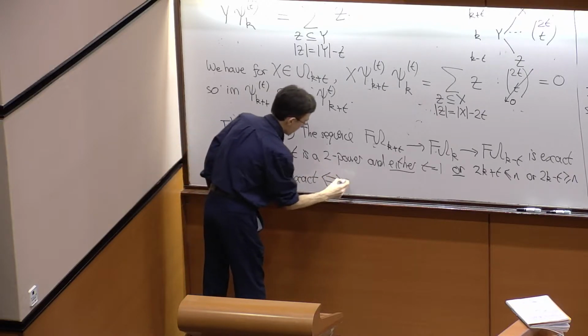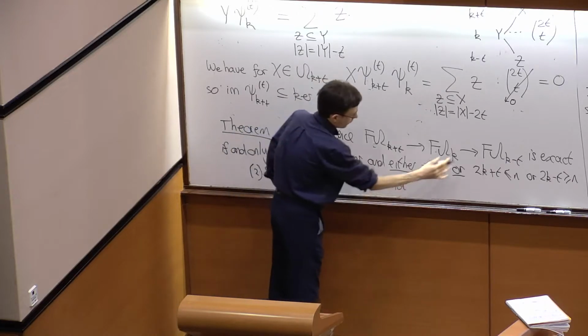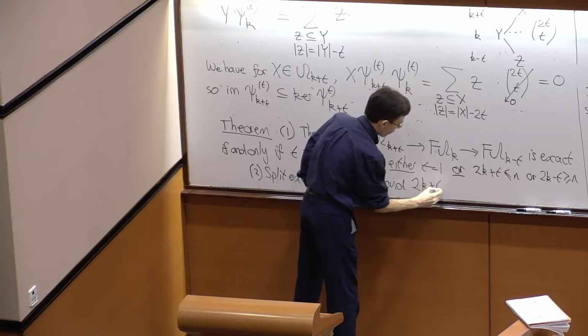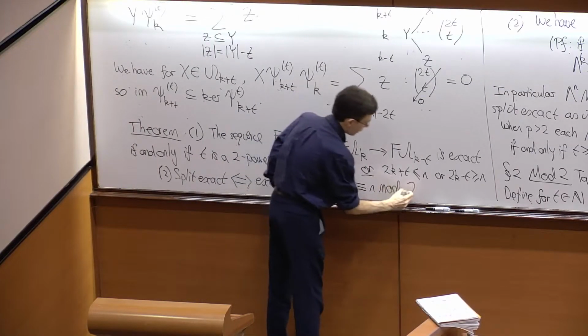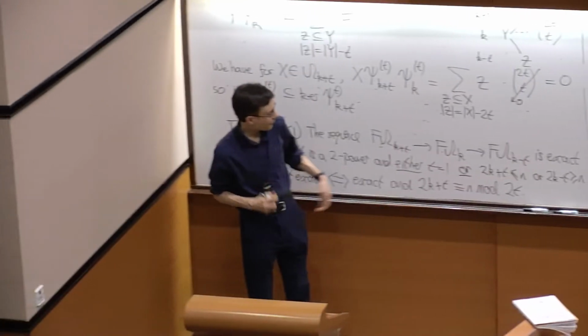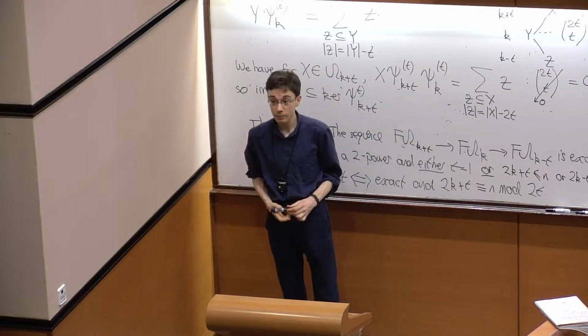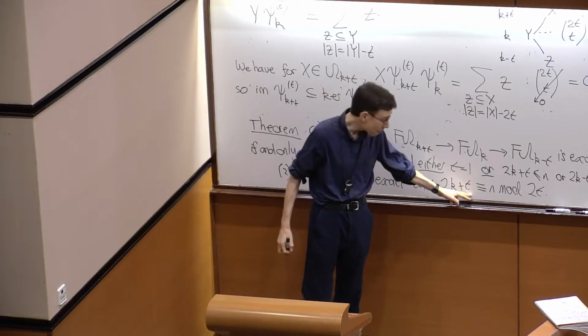Well, if and only if it's exact, so we've got that condition. And then you see this number again, 2k plus t should be congruent to n modulo 2t. So in particular, if you take the smallest n for which this says it can be exact, then it is in fact split exact.